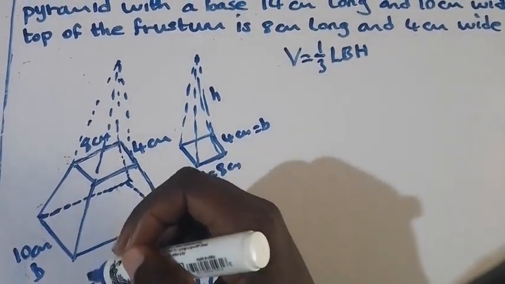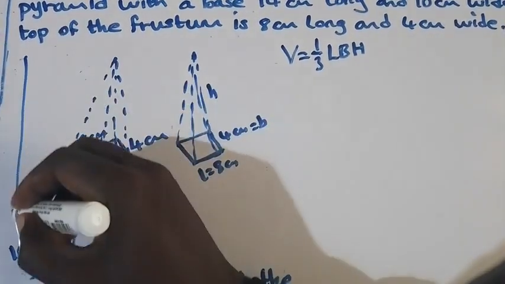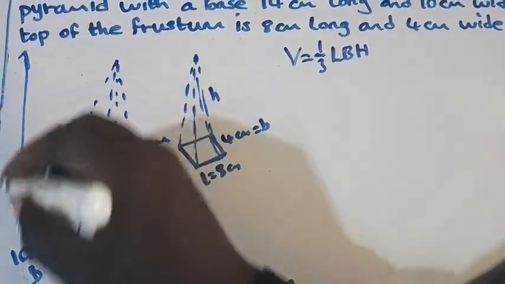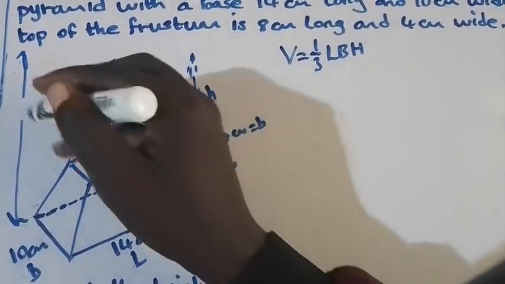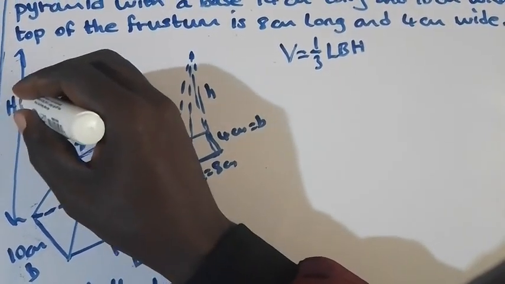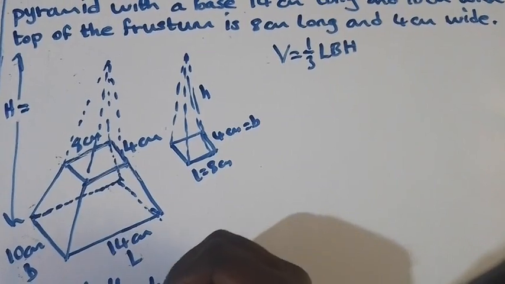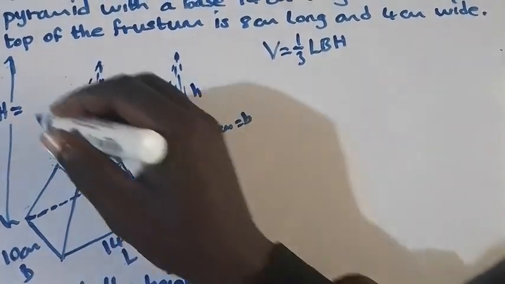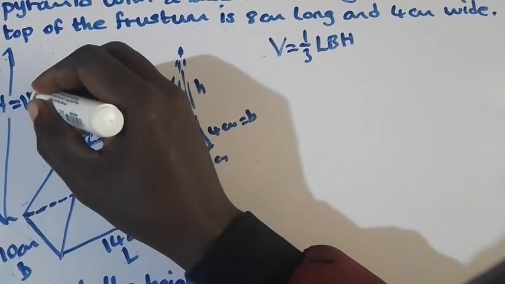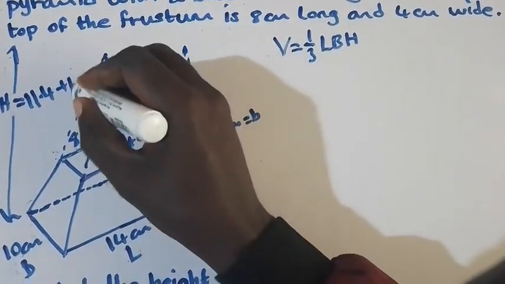So now for capital letter H, which is the height of the larger pyramid, we are going to add the height of the frustum, which is 11.4, to small letter h.